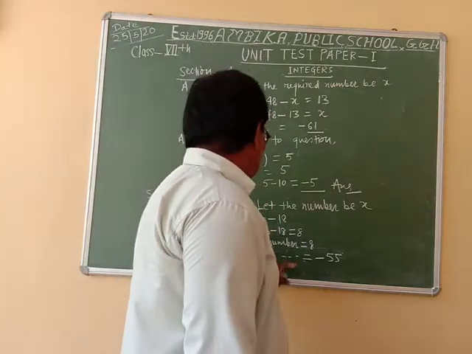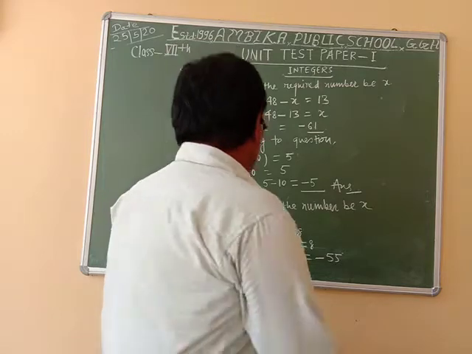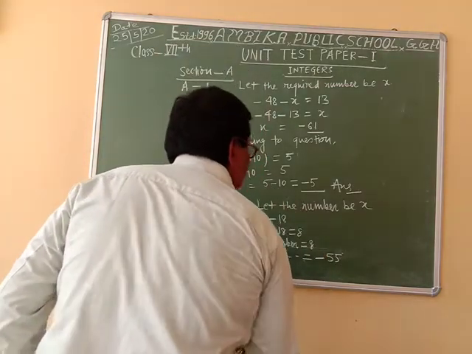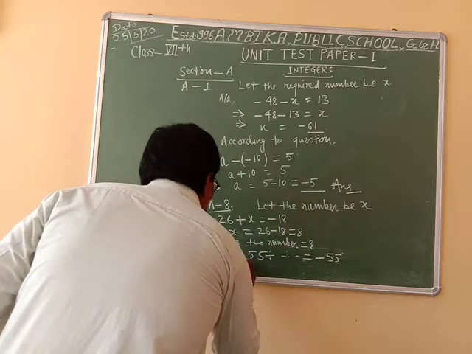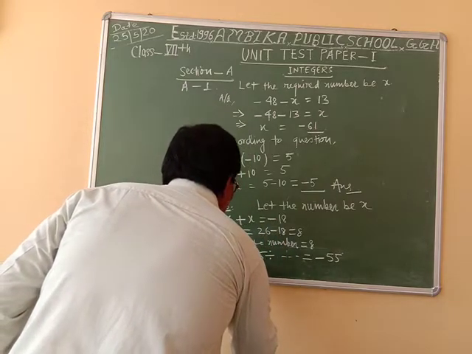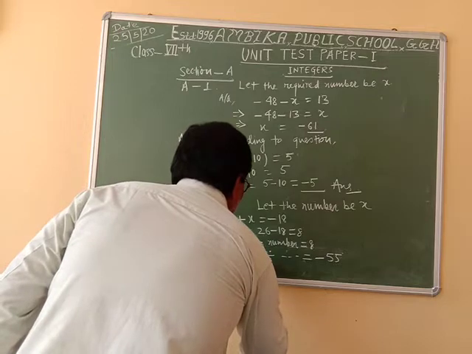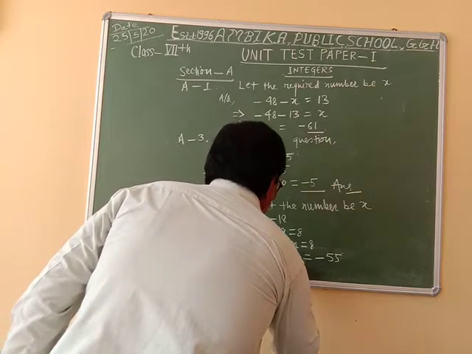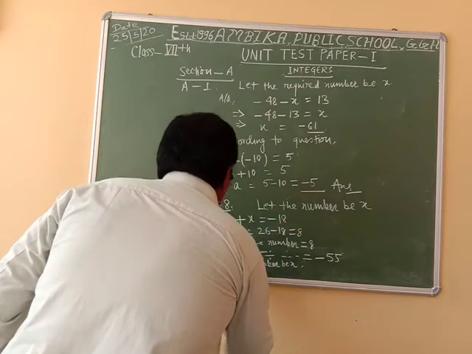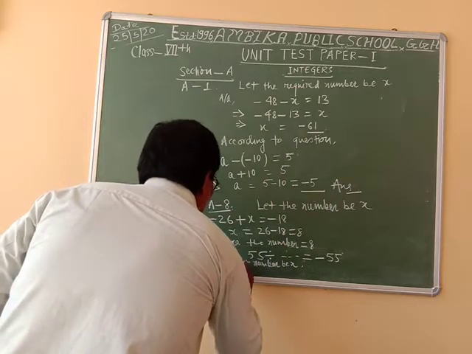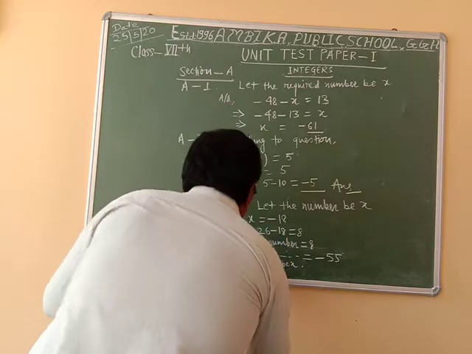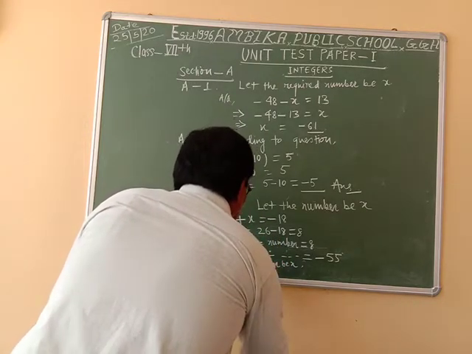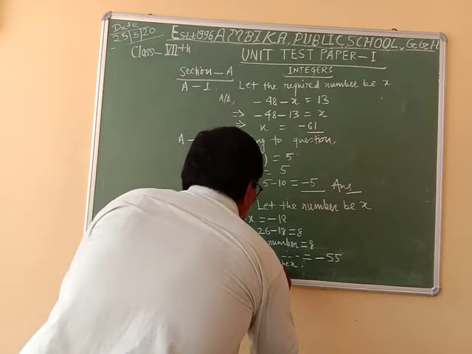55 is divided by a number; let the number be x. Then 55 divided by x is equal to minus 55.